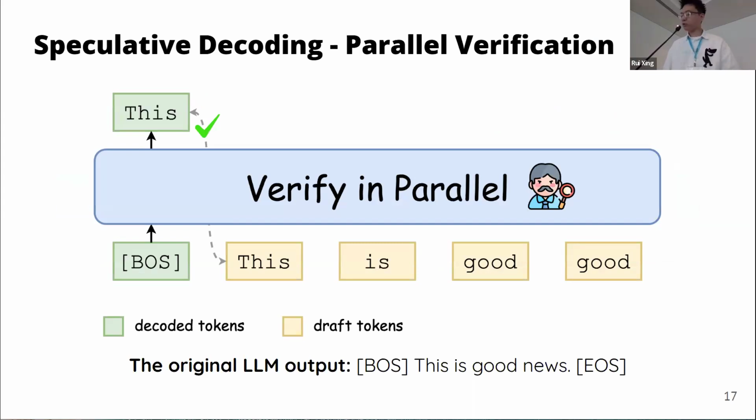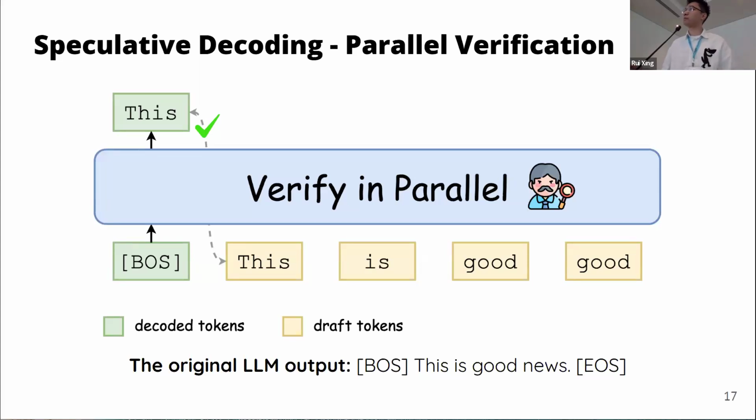Okay, like in this picture, we can see the draft tokens "this is good", the 4 draft tokens, the yellow ones. And the green part is the prefix, the BOS token as the input prompt. And the original target large language model output would be "this is good news", containing these 4 tokens.